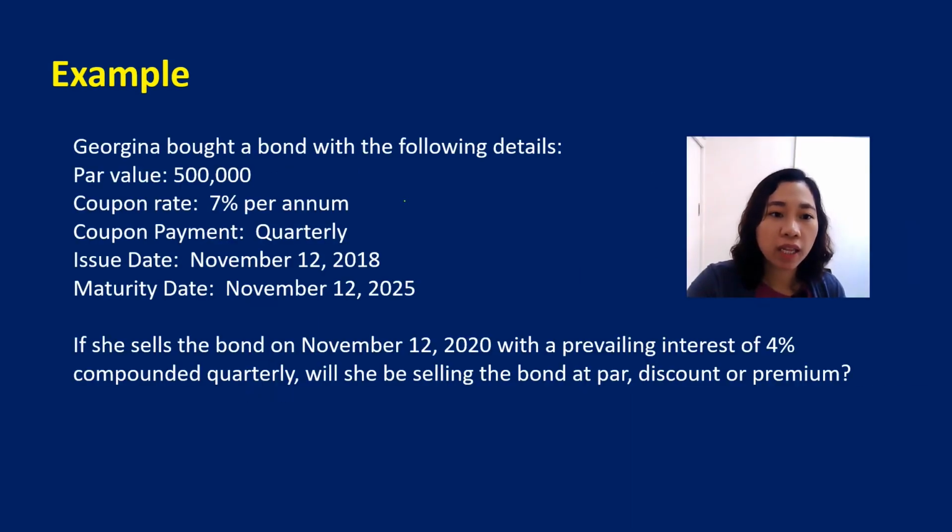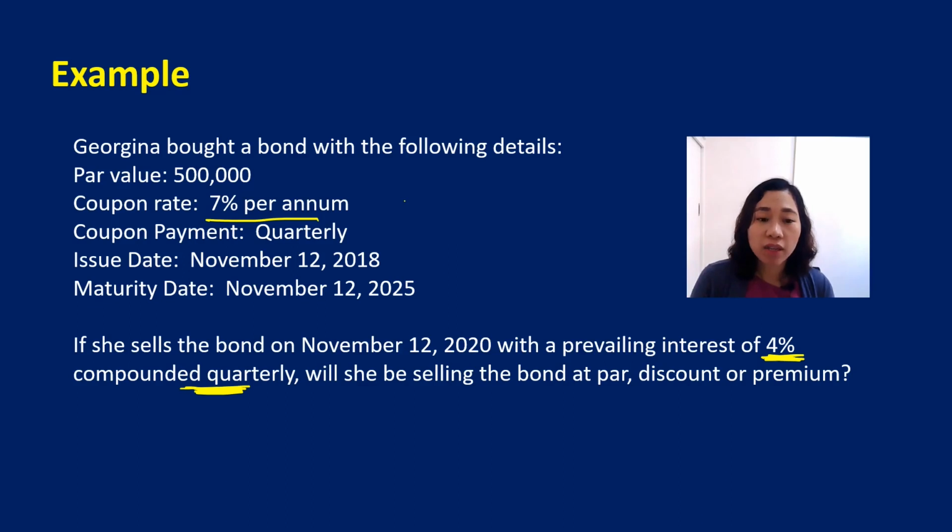Now, my point here is that in this case, we have a coupon rate which is 7% per annum. But now, the prevailing interest is 4% compounded quarterly. So what will happen there?